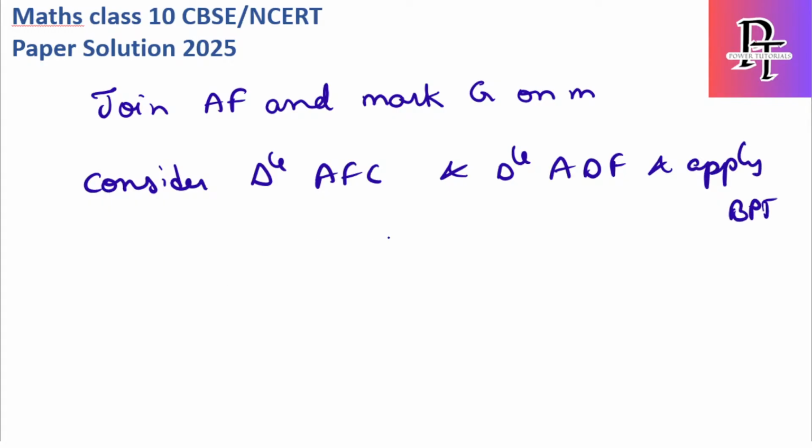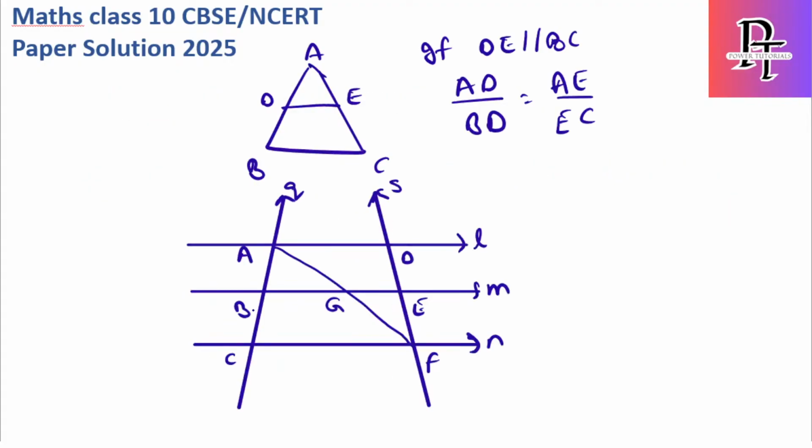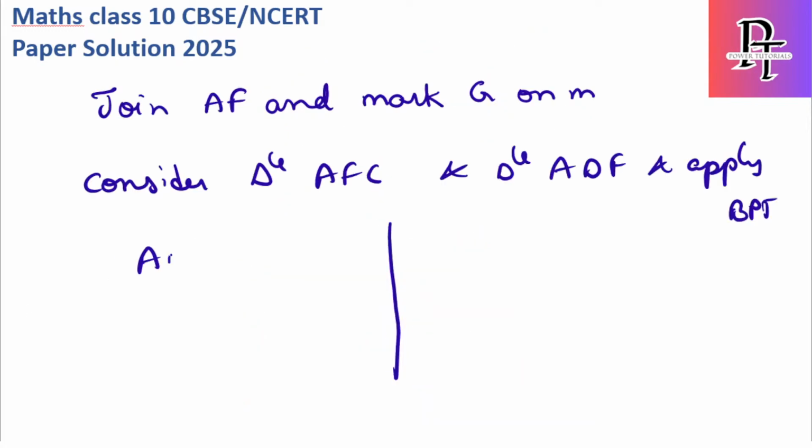If you consider triangle AFC, BG is a parallel line, so AB by BC is equal to AG by GF. AB by BC is equal to AG by GF.